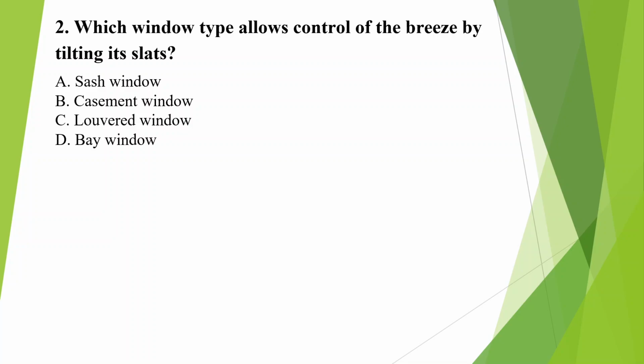So which kind of windows are they primarily called? Whoever knows the answer, try to give your answers in the chat box, then we can discuss the question. If somebody has any doubt, or is going in a wrong direction and giving an incorrect answer, we can discuss it.